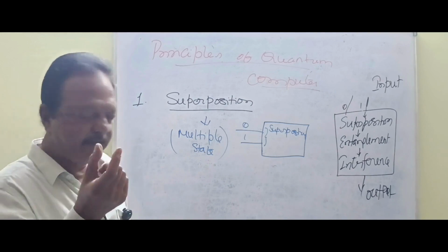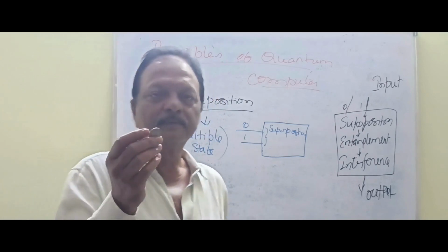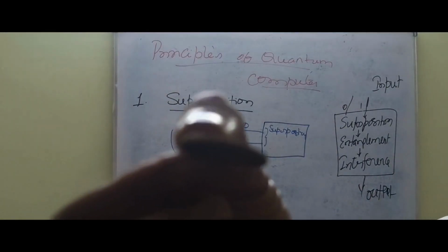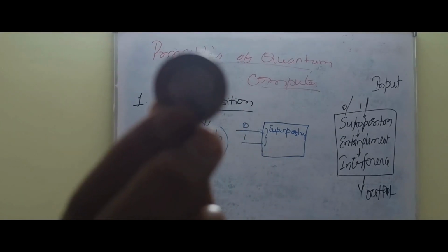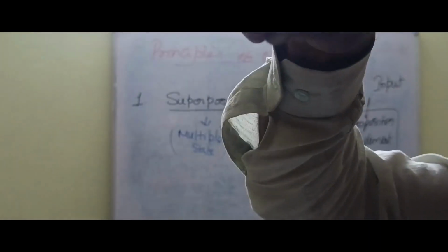Even if you take a coin, this is head and this is tail. If I give it like this, only one value. Understood? If I flip this coin, it rotates. It rotates means there is no head, no tail.